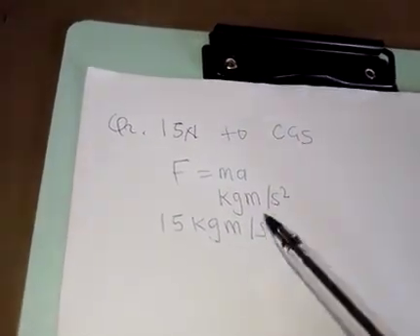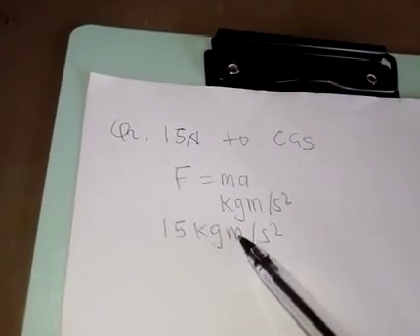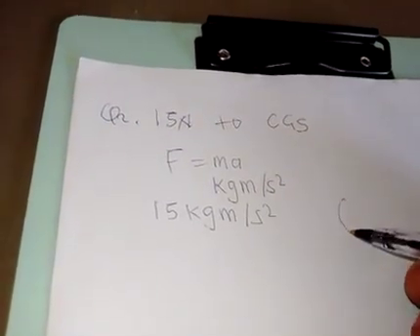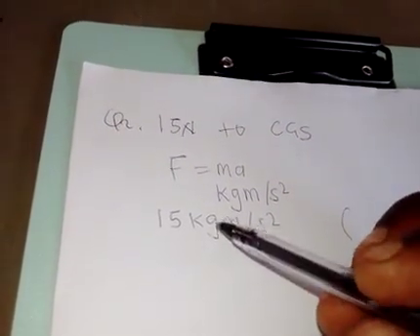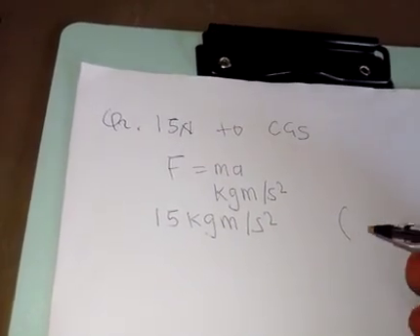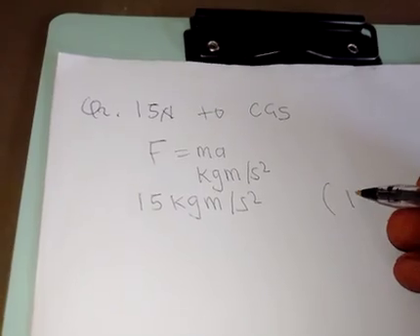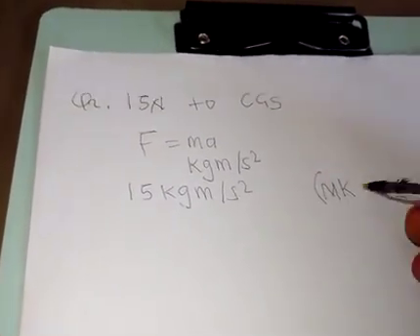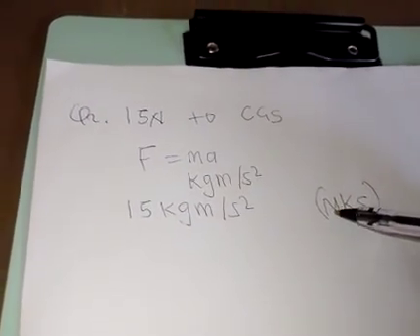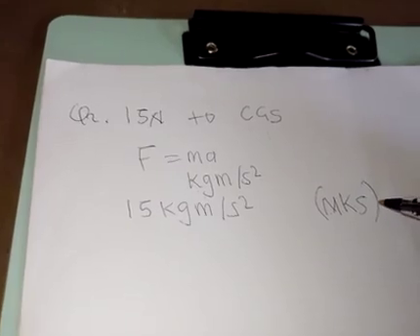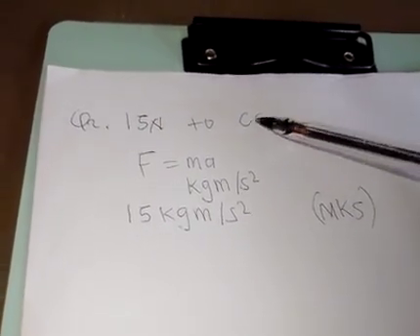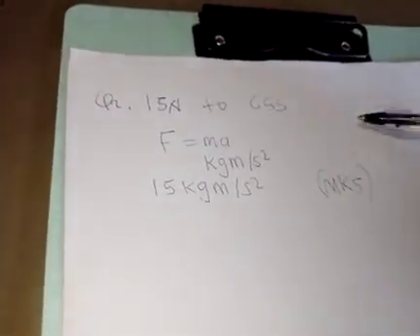If you check here, we have mass, length and time. Mass is in kg, length in meters, time in seconds. So this is the MKS system of units, and we are converting from MKS to the CGS system of units.